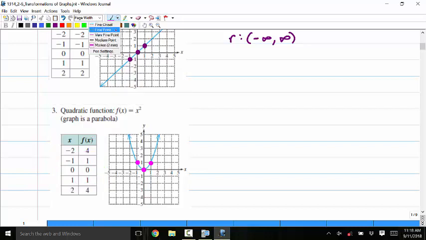What is the domain of a quadratic function? What x values? All real numbers. But on this parent function, what's the range? Where does it start on the y-axis? Starts at 0 and then goes up to infinity.